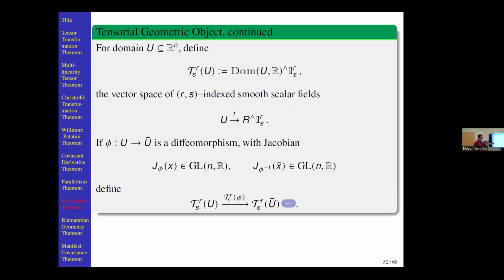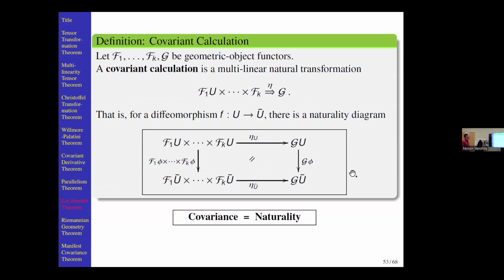I am thinking that this is the thing we're talking about. That is a bunch of multiply indexed smooth scalar functions. So I think we can build it on that. And it has a Jacobian, and so you get the transformation of a diffeomorphism, and we get to covariant calculation.